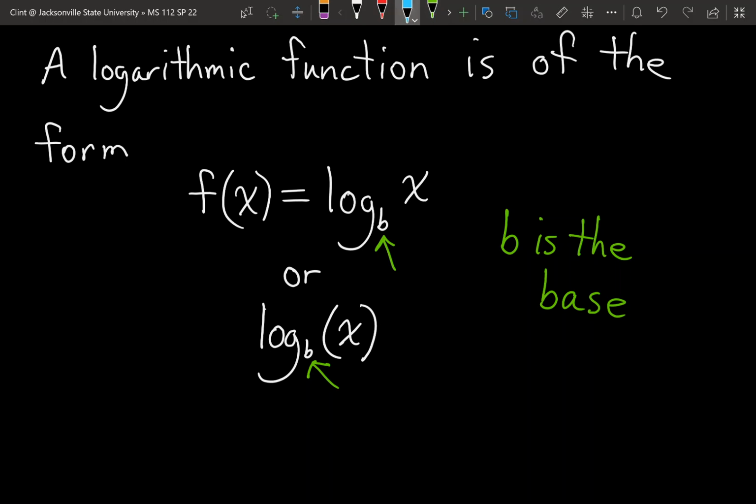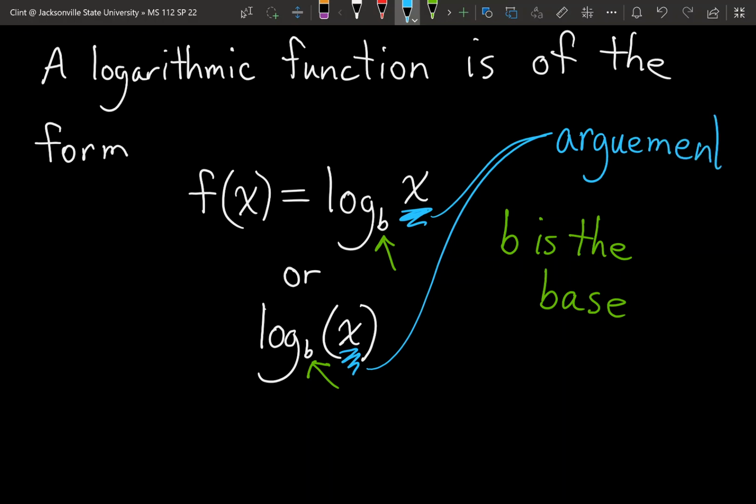And then our x, or whatever is inside of the logarithm, what we'll call an argument. That's what they look like.